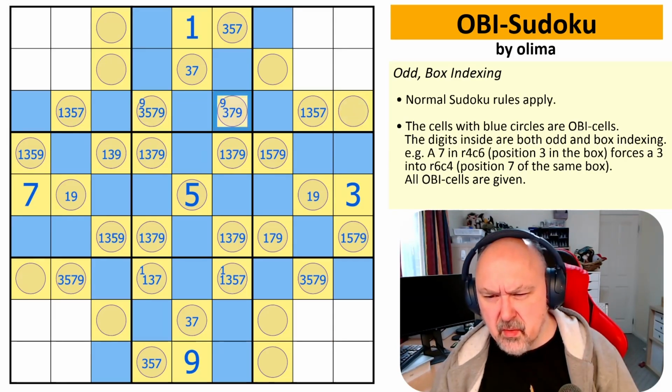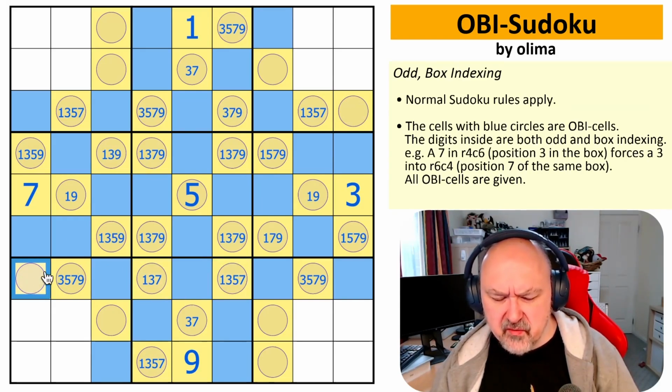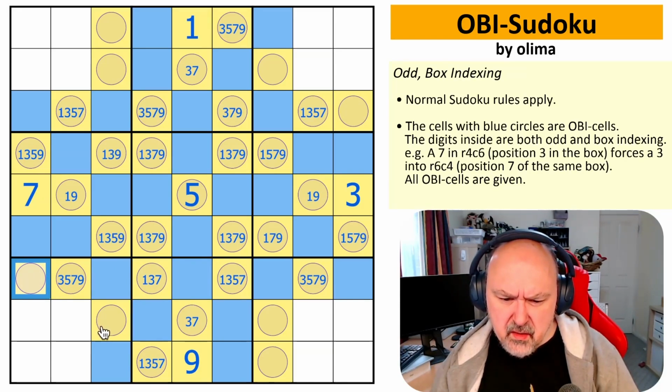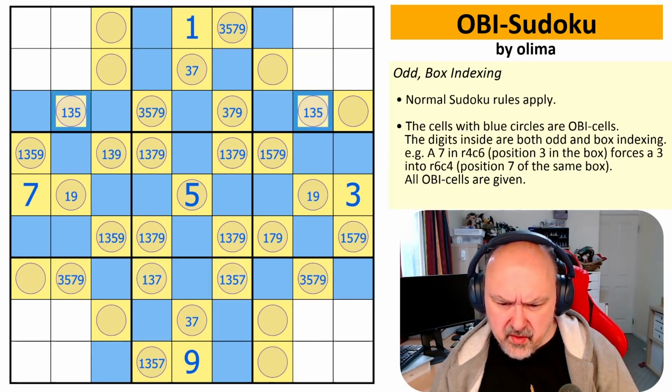Hang on, no. This indexing stuff breaks me. I think I've got all these X-wings wrong, because if I put 1 there, it's self-indexing. I can't put 9 there. It's not 1 I can't put there. So 1 there is fine.